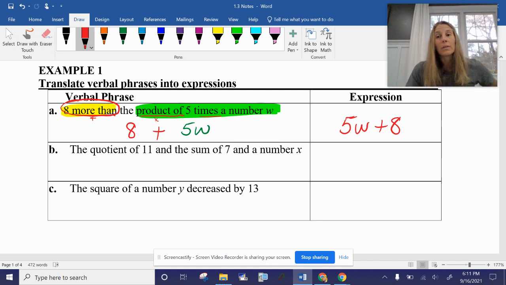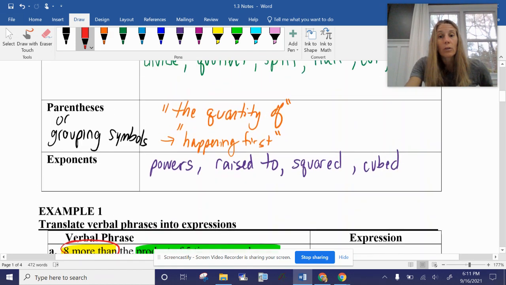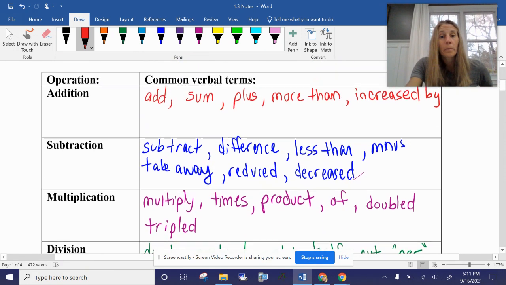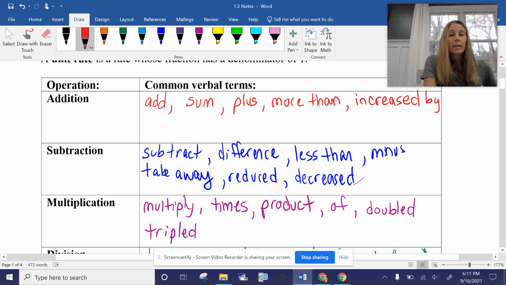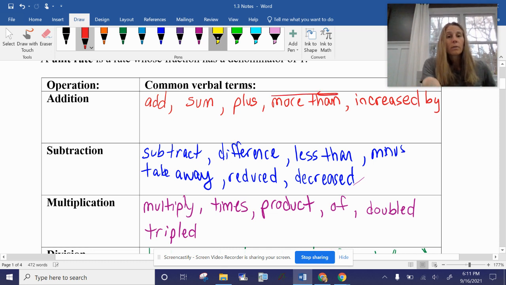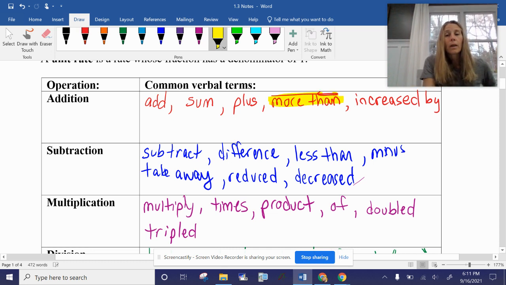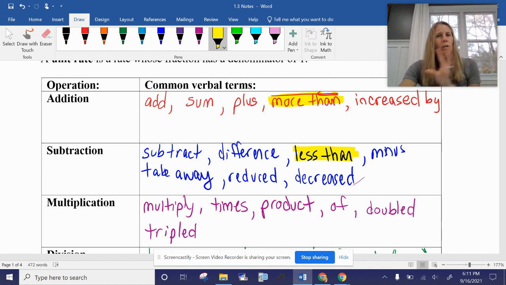The same thing happens in subtraction when you see the words less than. So if you take a look up here on my little chart, I'm just going to highlight those two, the more than, and the less than. All of the other addition and subtraction words, you pretty much are going to do in order from left to right. So whatever comes first would come first in your expression. Whatever comes second would come second in your expression.